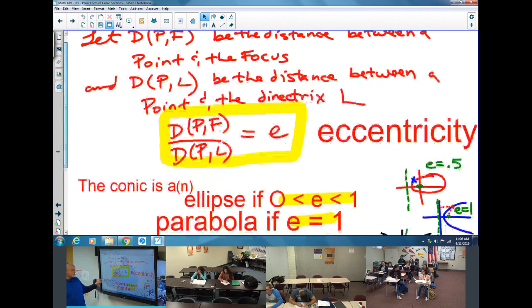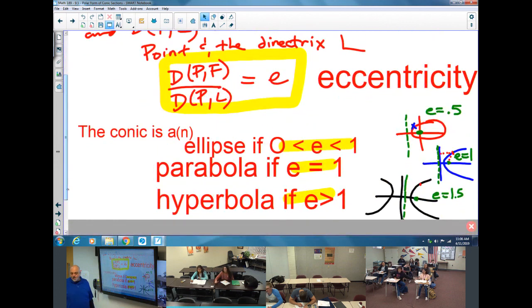All right, so what does eccentricity mean exactly? When we talked about the ellipse, the eccentricity was kind of the ovalness, like if it was more round or if it was narrow or whatever. And so that's with the ellipse.